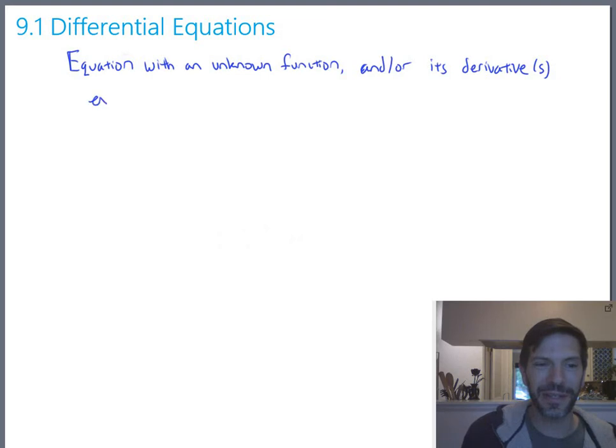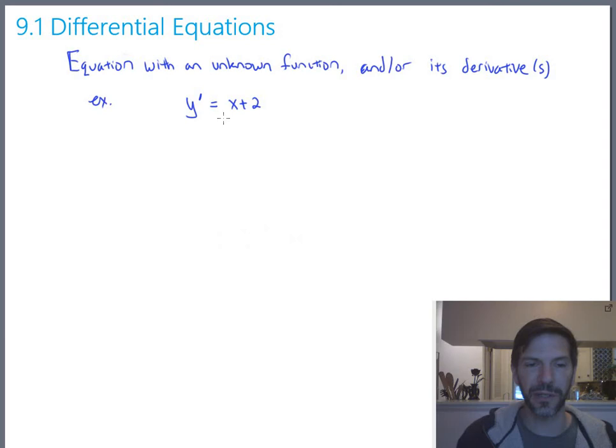So just as an example or two, here's a differential equation. It says some unknown function, its derivative, is equal to x plus 2. And when we solve a differential equation, we figure out what the unknown function is. And you might be able to figure out what function has a derivative of x plus 2.